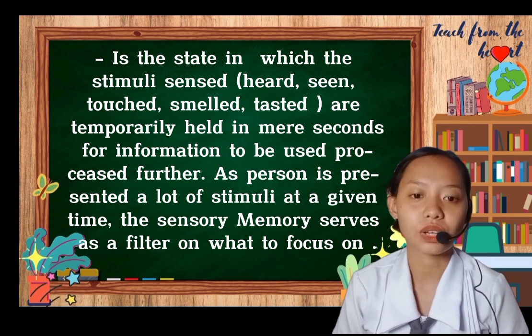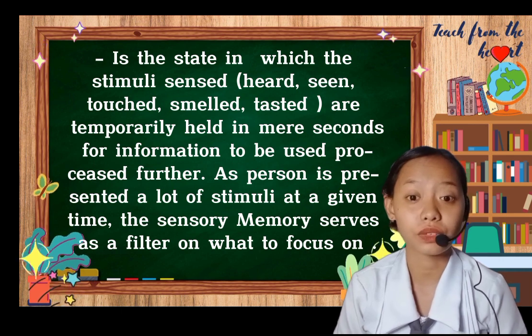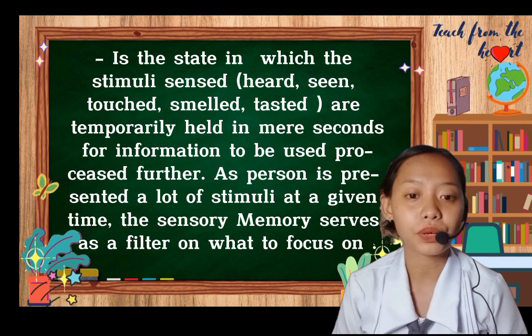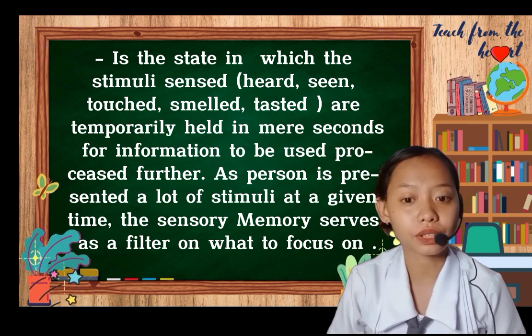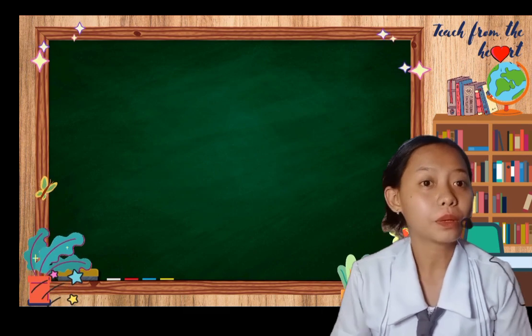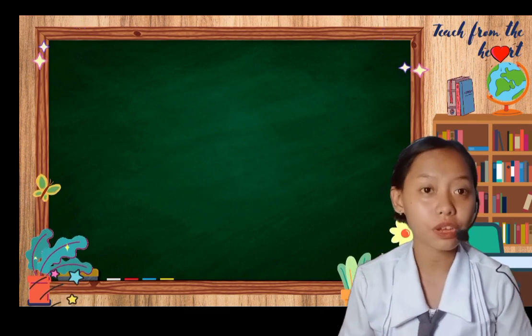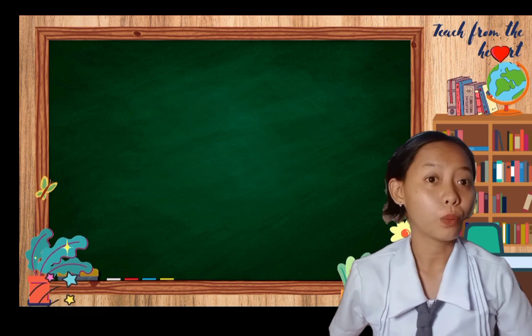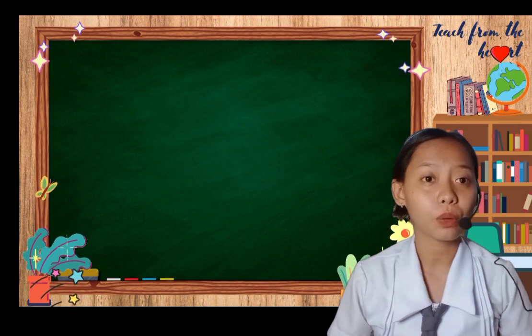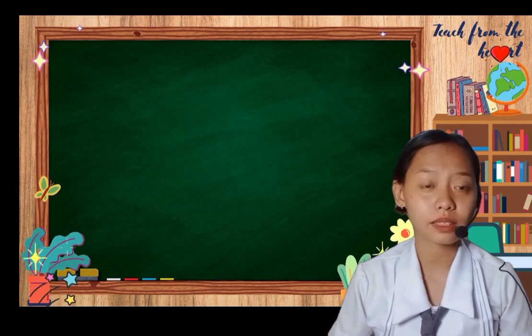As a person is presented a lot of stimuli at a given time, the sensory memory serves as a filter on what to focus on. Sensory memory, from the word sensory, refers to our senses, what we hear, what we see, what we smell, what we touch, what we taste.